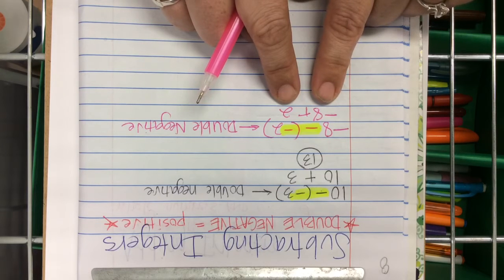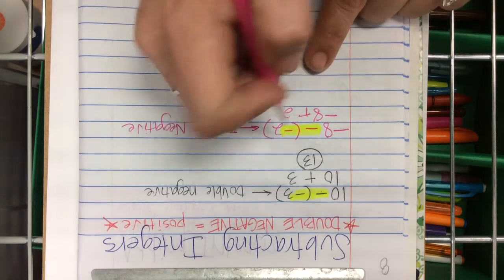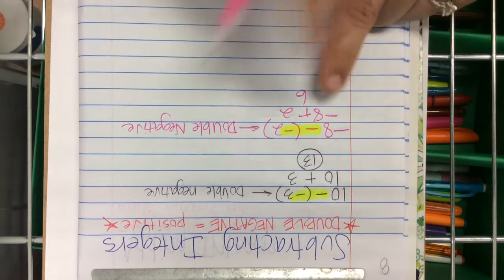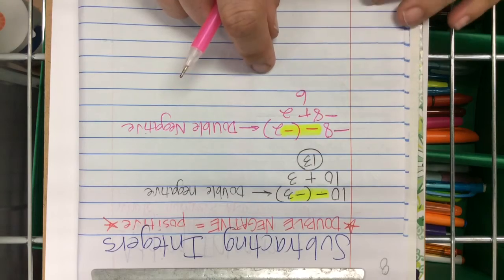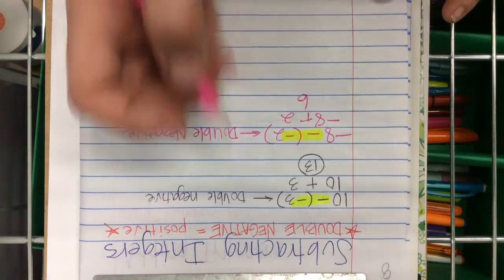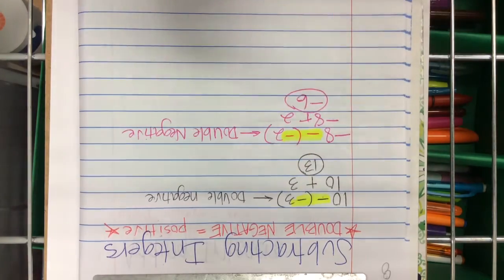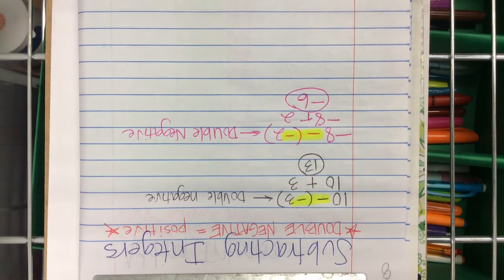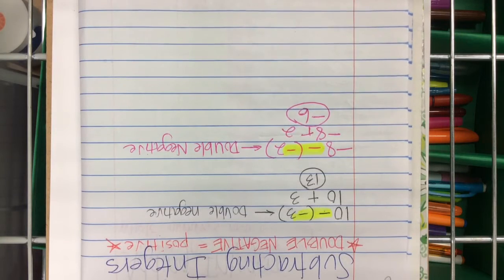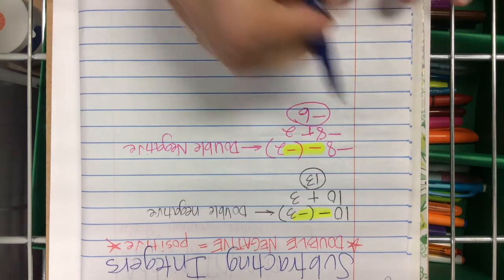Find the difference. 8 minus 2 is greatest distance. Negative 8 has the larger absolute value. So the answer is negative 6. You know how I thought about that? The negative 8, I just added 2, so like... Yep, it gets larger too.